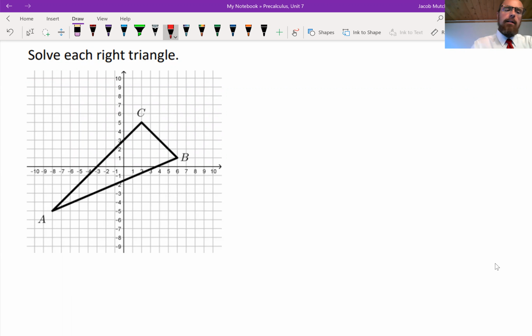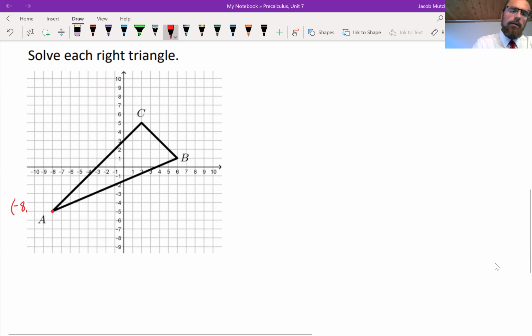So I'm going to start by labeling the coordinates of the vertices. So vertex A here has the coordinate -8, -5. Vertex B is at the coordinate 6, 1. And vertex C at the coordinate 2, 5.